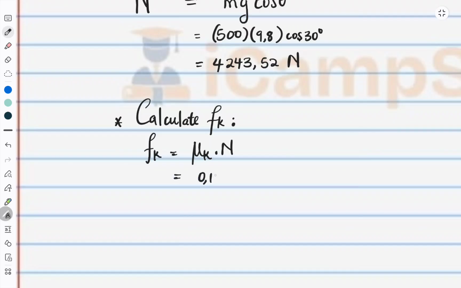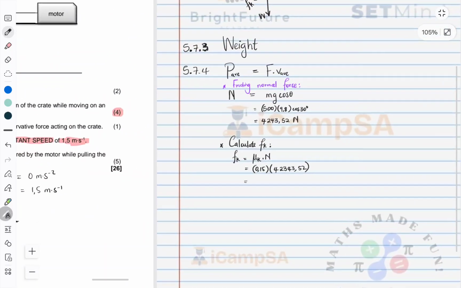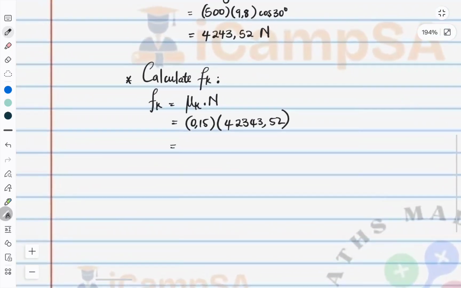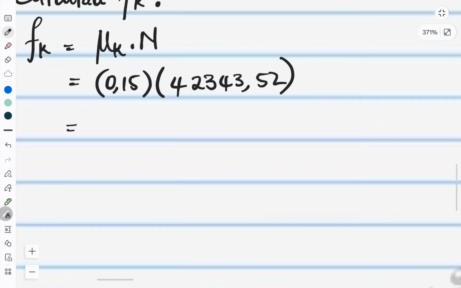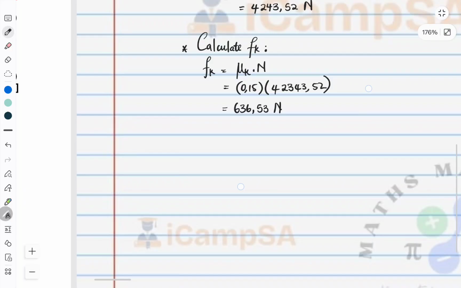We already know that mu k is 0.15, and we just found the normal force to be 4,243, right? So 0.15, I get 636. From my calculator, I just saved the answer and multiplied by 0.15. 636.53 newtons. Okay, so I have that.